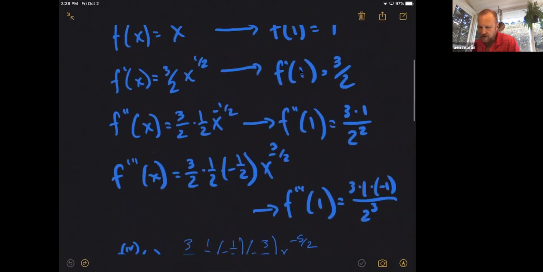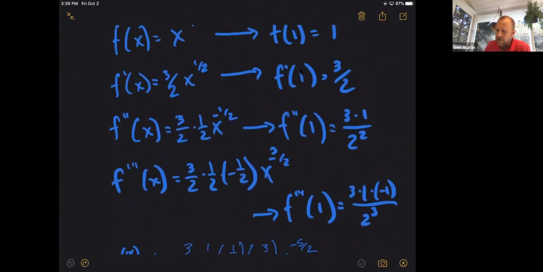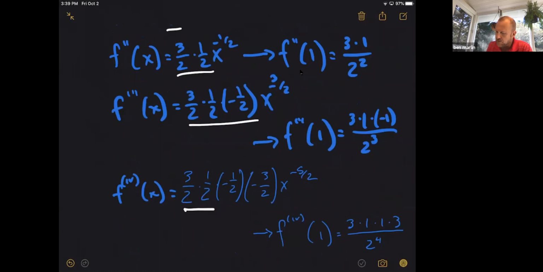And so I think you can probably see it early on, but really it starts to show itself here with the third derivative and then the fourth derivative.